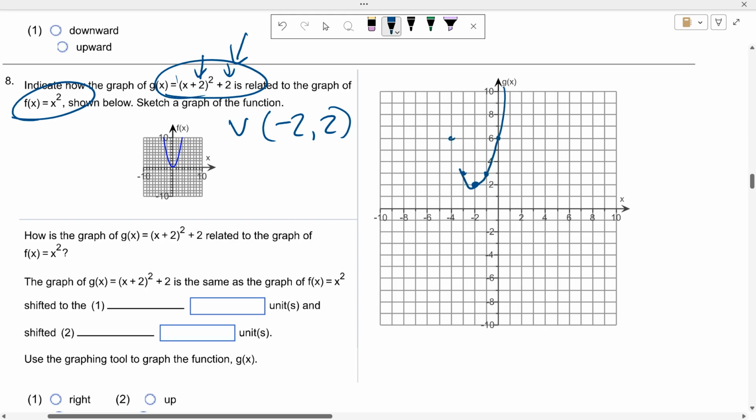So it kind of looks like this, because it goes over 1, up 1, over 2, up 4. Same as this one would. Okay?